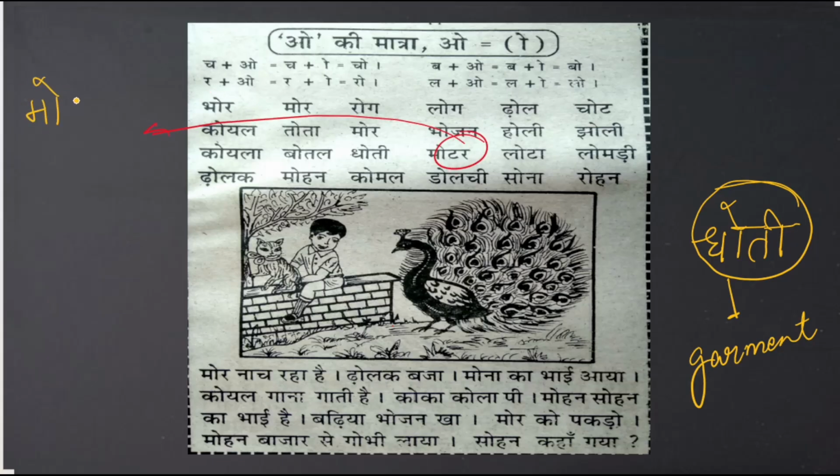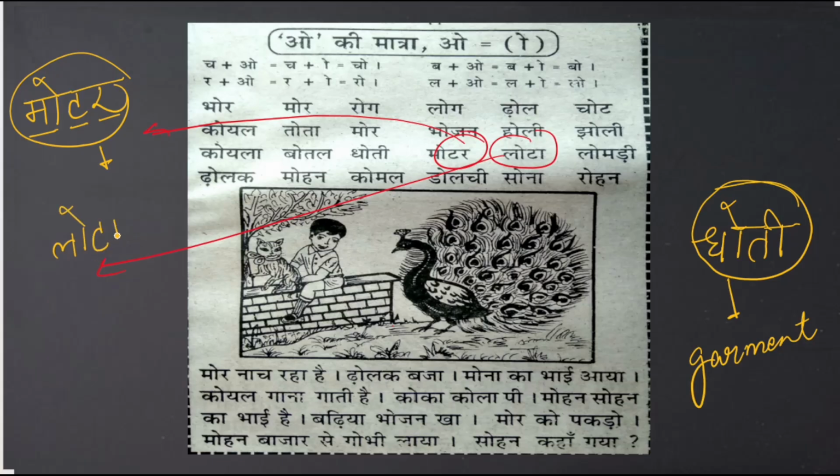Ma, the matra of O, this is ta, this is ra. Now it became motor. La, the matra of O, and this is ta, and this is the matra of A. Now it became lota.